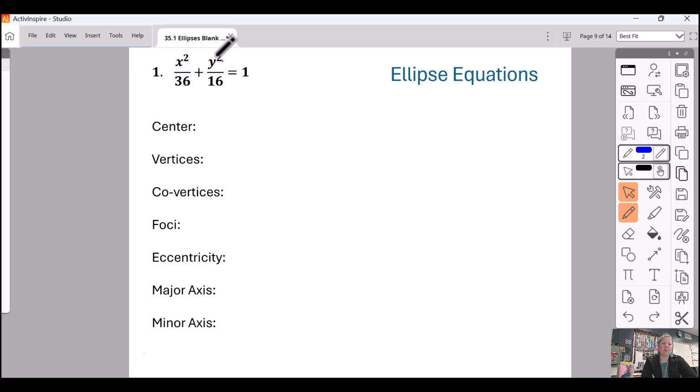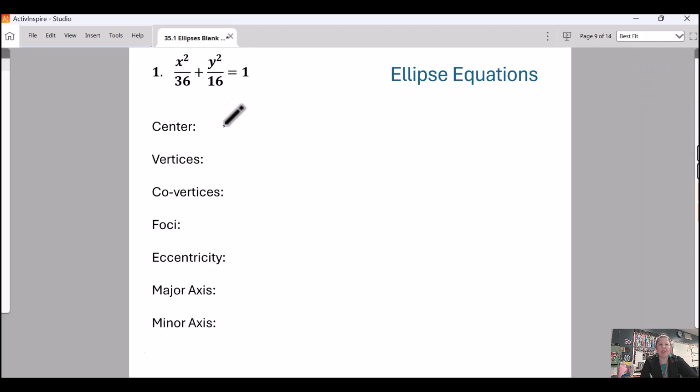Alrighty, let's get into some numbers and see if we can make some sense of this. Here, my center behaves just like it did before. There's nothing being added or subtracted on the X or the Y, so this is going to be 0, 0. My vertices are on the major axis. We're going left and right because this number is with X, and we want the square root of 36, which is 6, and the square root of 16, which is 4.